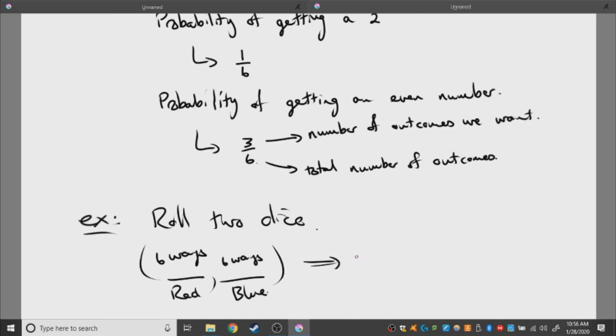So that means that the total number of outcomes, an outcome is now a pair of numbers. There's a first and a second, a red and a blue. How many different results can I get?